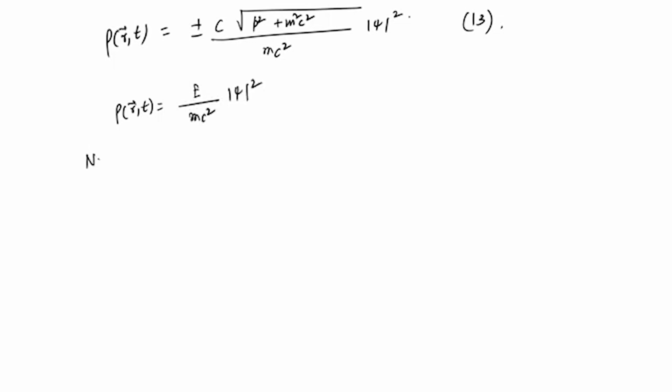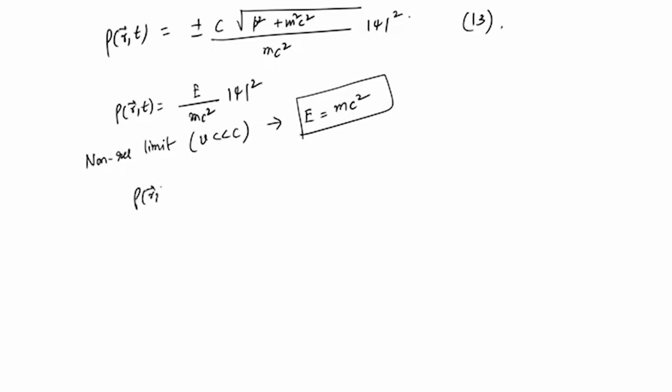If you take the non-relativistic limit, which means that v is much smaller than c, the only energy scale that remains is E equal to m c square, because there is no kinetic energy, it is only the rest mass energy. So, this is called the non-relativistic limit. If you put that, then rho r t becomes m c square over m c square, which cancel and give you the non-relativistic form which you know to be true, that is equal to mod psi square.